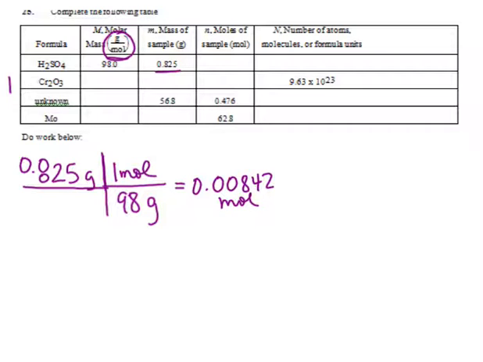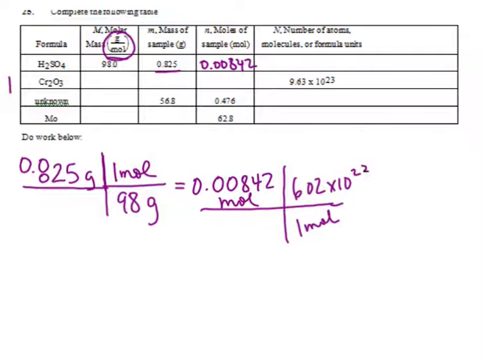And now I want to take those moles and convert them to formula units. So for every 1 mole, what do I multiply by? Avogadro's number. And so what is my number of formula units for sulfuric acid to 3 sig figs?